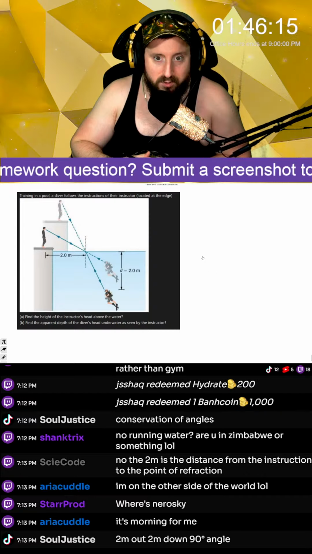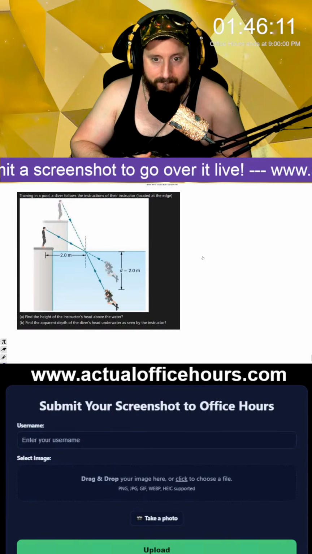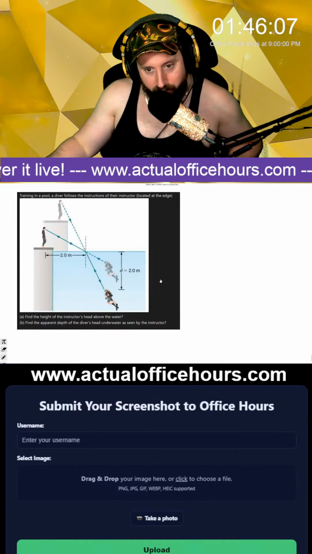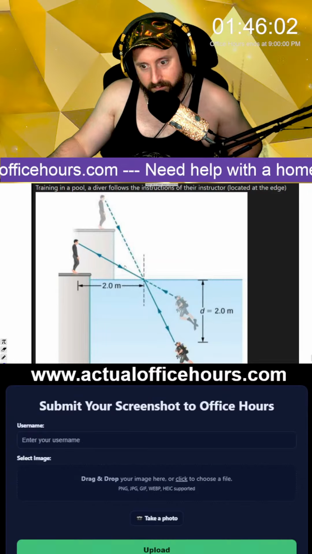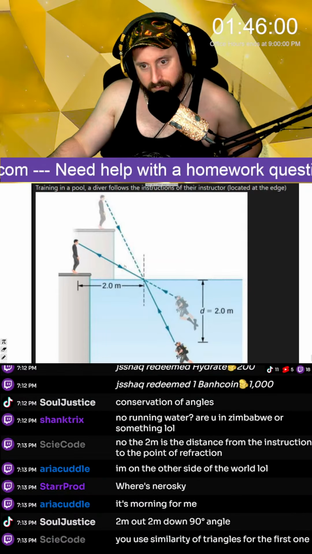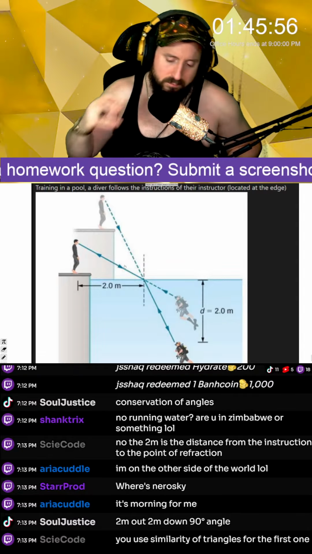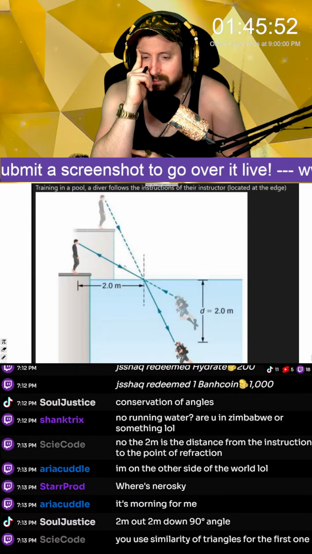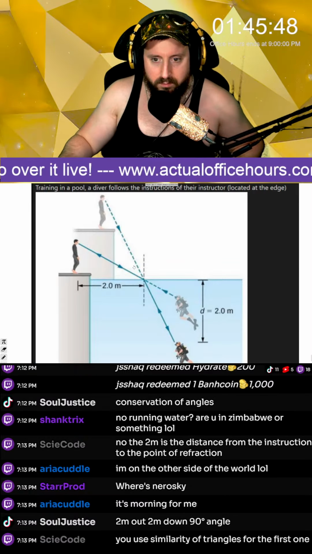2 meters out, 2 meters down, 90-degree angle. Use similar triangles for the first one. Because this angle is the same as this angle?